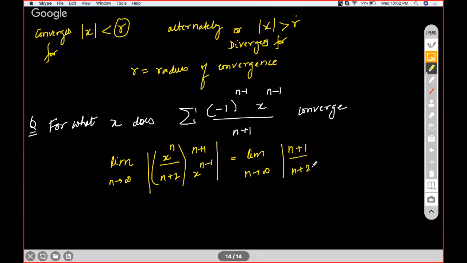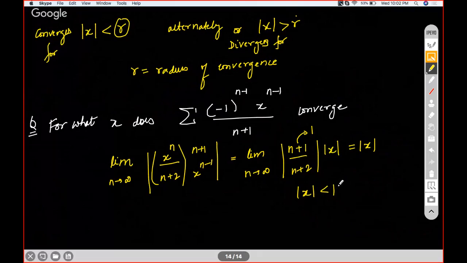As n tends to infinity, this limit is going to be 1, right? So it's going to give you again mod x. So if mod x is less than 1, according to the ratio test the given series would be convergent, else it will be divergent. Is that fine? Okay.